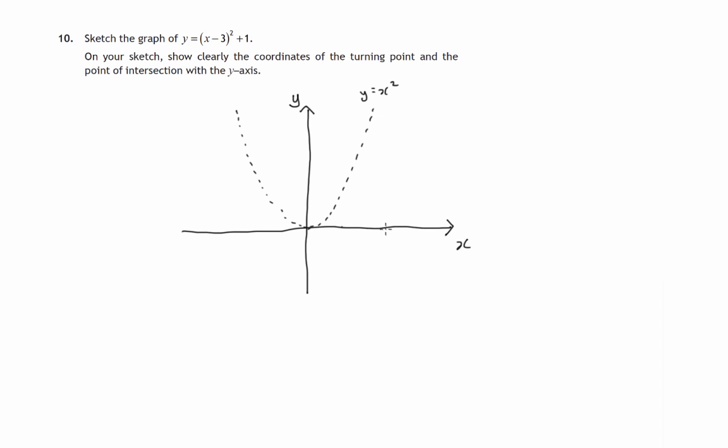So it would move 3 units to the right, and then it would move up 1. So here is the final position of that graph, that parabola.